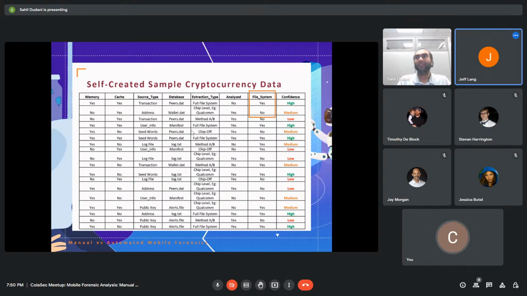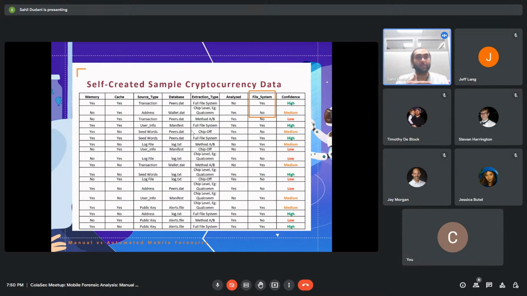Sure. Can you discuss real briefly the extraction types here? So the extraction types here are like full file system. In case of full file system, it's just like maybe a backup of Android. You just back up your Android. It's kind of like full file system. In case of Qualcomm Live, what I was stating is that Qualcomm Live is a chip level extraction technique, which basically targets devices with Qualcomm chips, and it does a chip level extraction, and you get more data out of it.